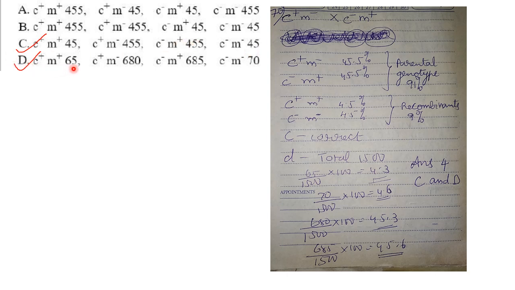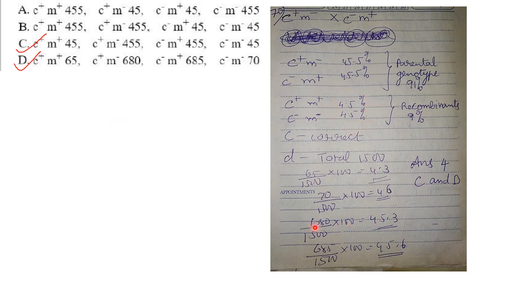Now D, if you add all these, 65, 680, 685, 70, you get a total of 1500. Then you see for the distance. 65 by 1500 into 100 will be 4.3. 70, that is your other recombinant. 70 by 1500 into 100 will be 4.6. These two values are approximately close to 4.5%.